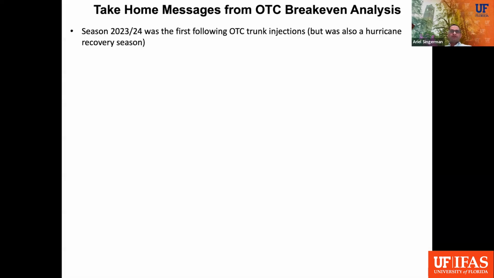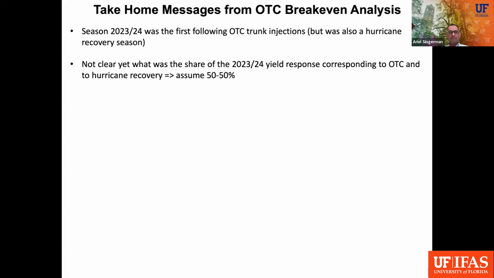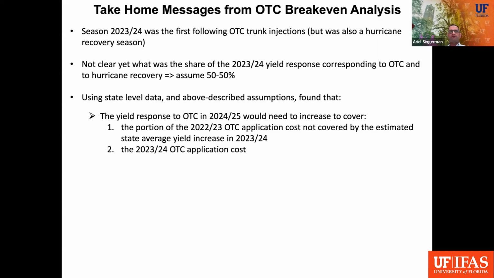So the take-home messages from this analysis are the following. This past season was the first following the OTC trunk injections, but it was also a hurricane recovery season. It is not clear yet what was the share of the yield response corresponding to OTC and to hurricane recovery, so I just assume it's 50-50.